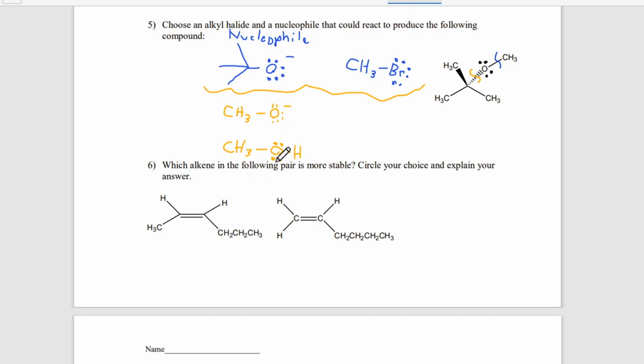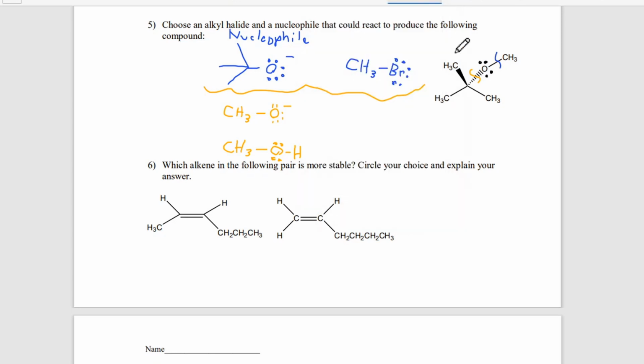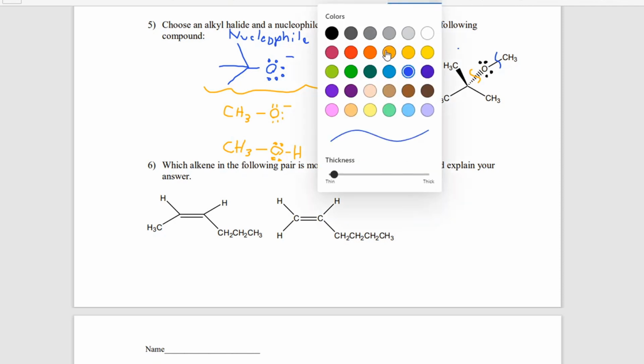It just says choose an alkyl halide and a nucleophile that could react to produce the following compound. Now if these are our nucleophiles, then our substrate, and I should probably add the text there. Substrate. Now I'm going to go ahead and draw.